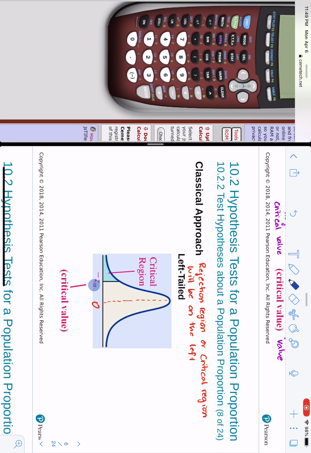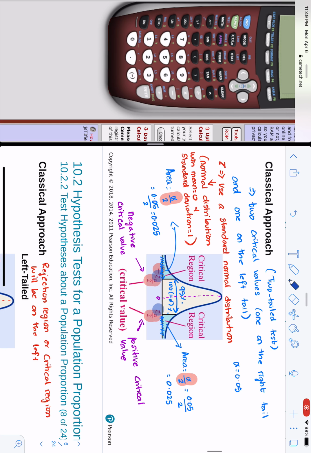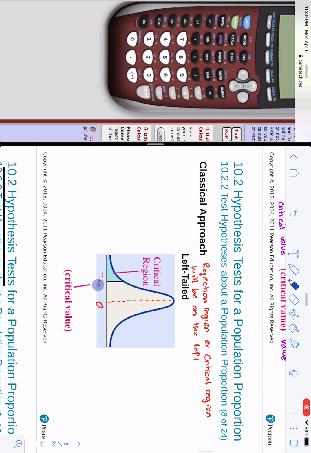The reason being, in the previous case we had alpha over 2 because we have to have two critical regions, one on the left hand side, one on the right hand side, and the probability when we add from both sides must equal the value that we set for alpha. But in this case, since it is a left-tailed test, there is only one critical region, so all of that area would correspond to alpha.